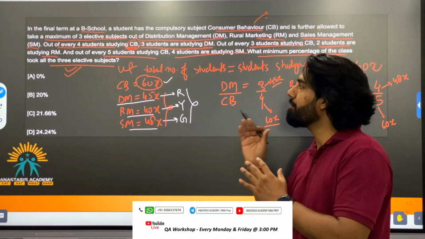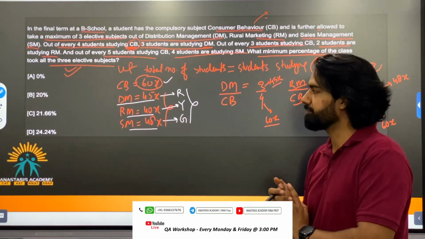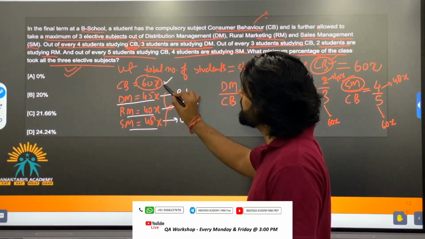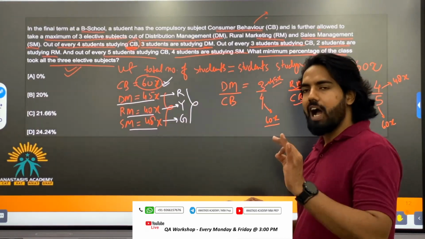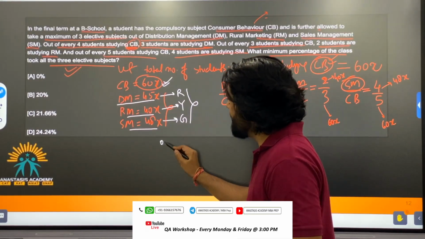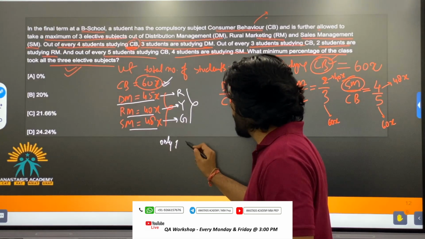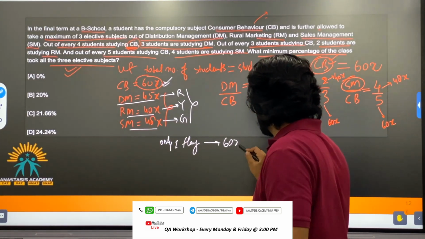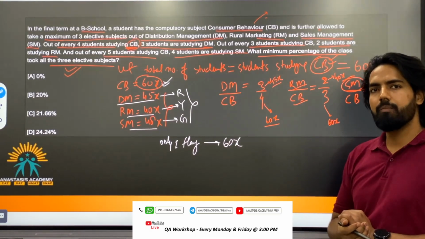What is the minimum number of those students? So first of all, there are 60x students, and I can give only one flag to each of the 60x people.